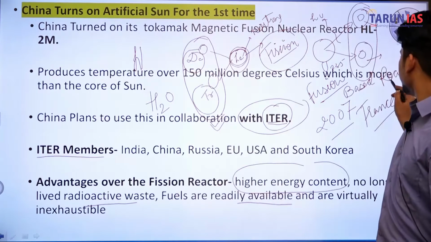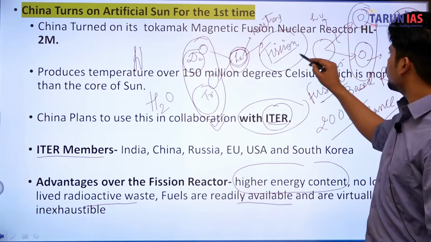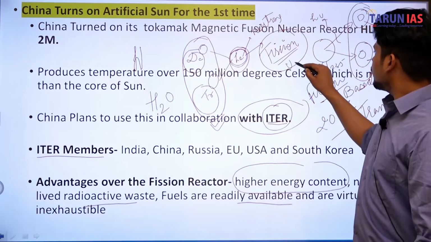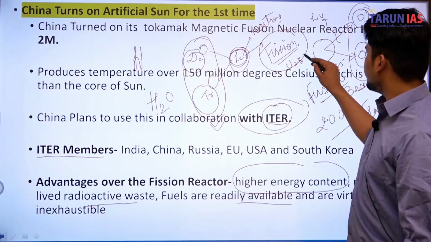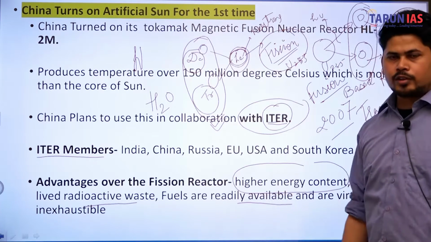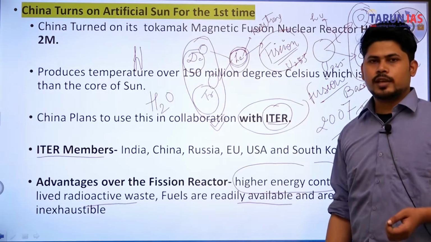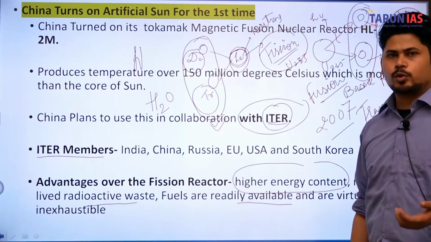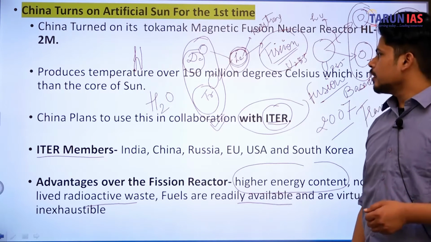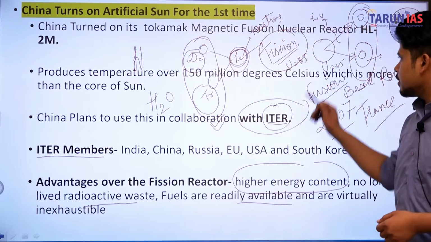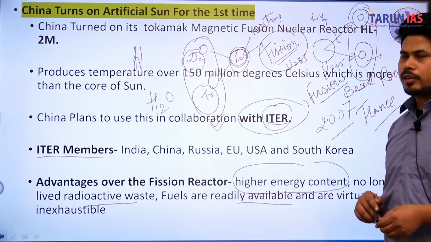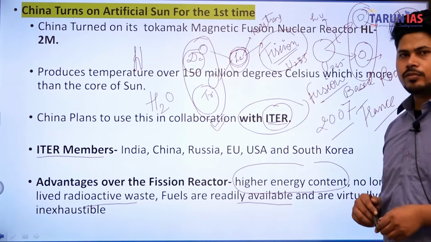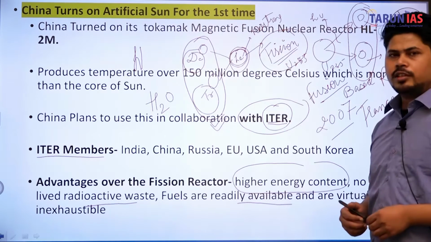Whereas in case of fission-based nuclear reactors, uranium 235 is very costly and it is not readily available. Although technologies are being developed to utilize thorium also, and India has huge reserves of thorium in the form of monazite sand in Kerala. Okay, but still that technology development has not yet been achieved to the scale of getting that technology economically.